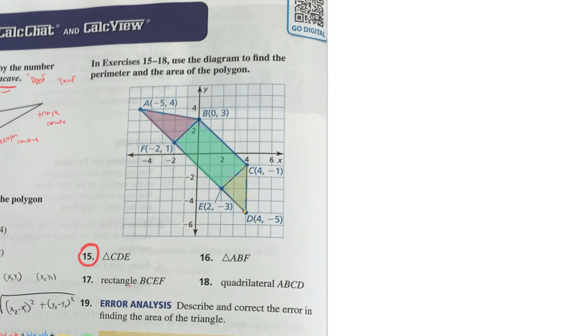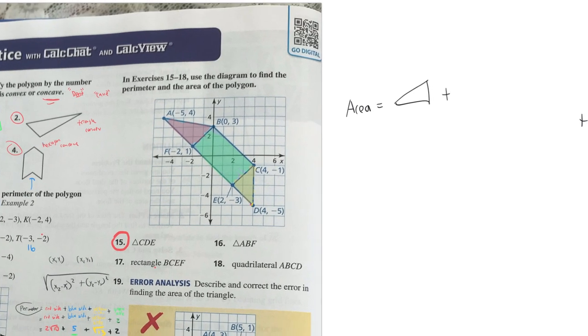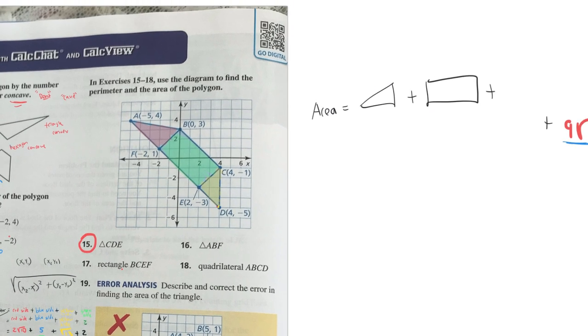And hopefully my student watching recognizes that the area of the whole figure would be a matter of adding the area of the red triangle plus the area of the blue-green rectangle plus the area of the yellow triangle, okay? So that's how we're going to do it.